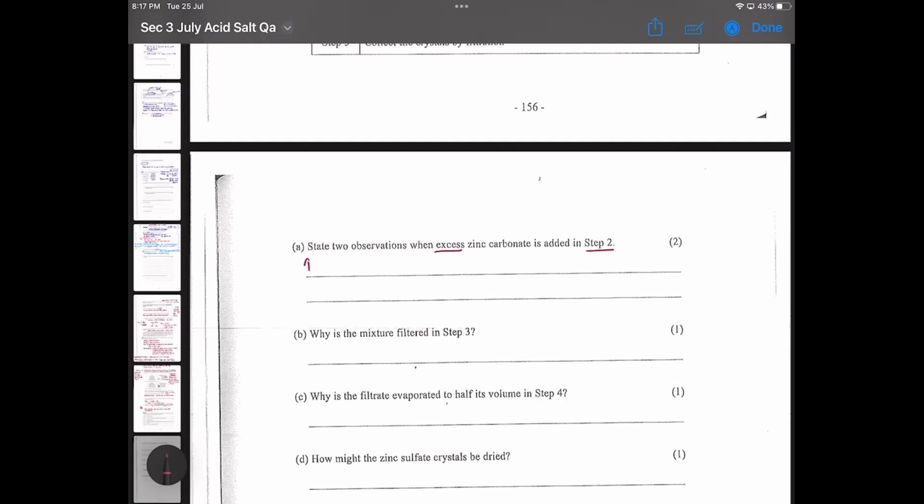So the first thing that you see in step 2 is that the bubbling or the effervescence has stopped. And number 2, there is unreacted white solid. Okay, this unreacted white solid is the excess zinc carbonate. All this tells you that all acid is used up.